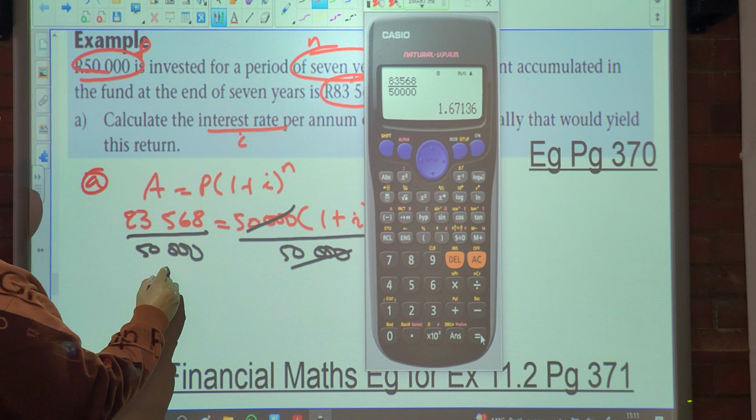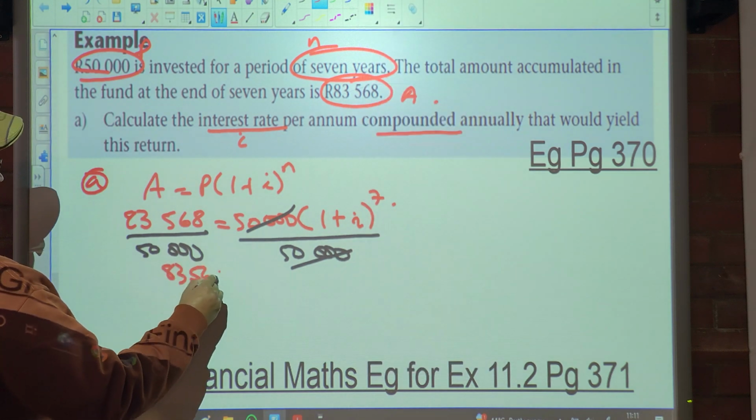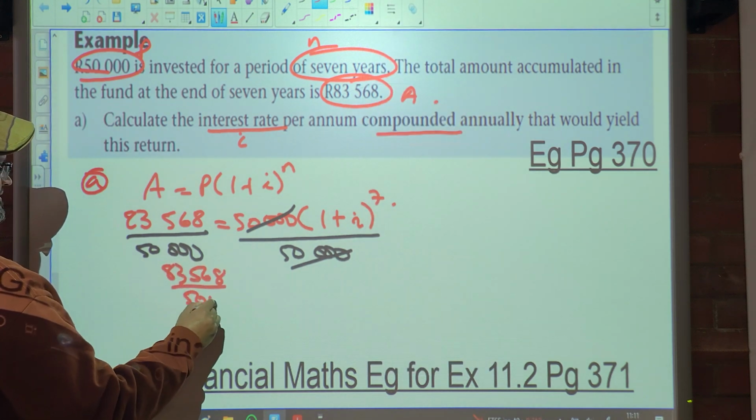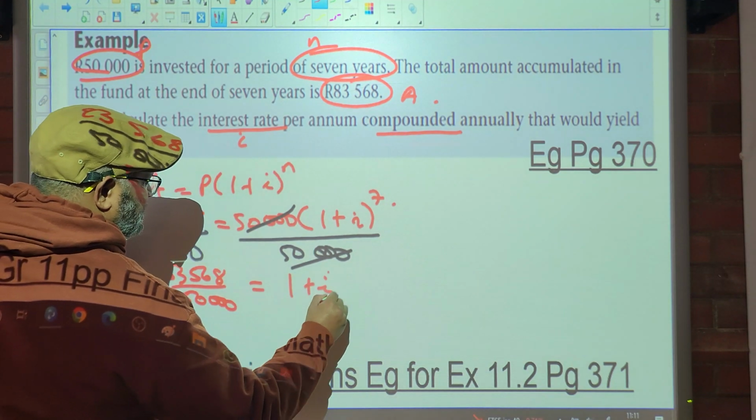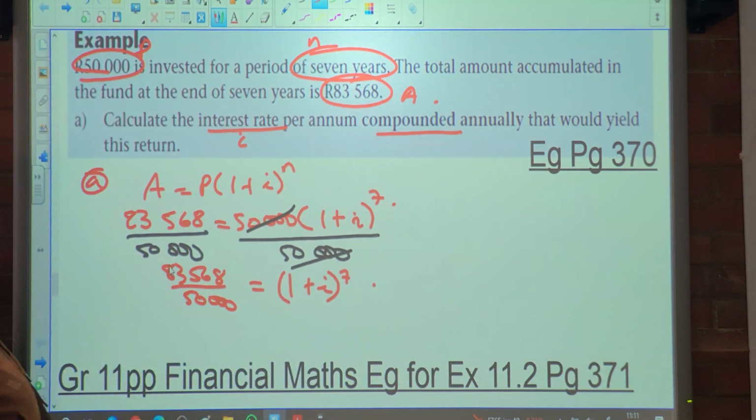I can leave it like that, 83,568 rand over 50,000. Then I'm left with 1 plus I to the exponent 7.